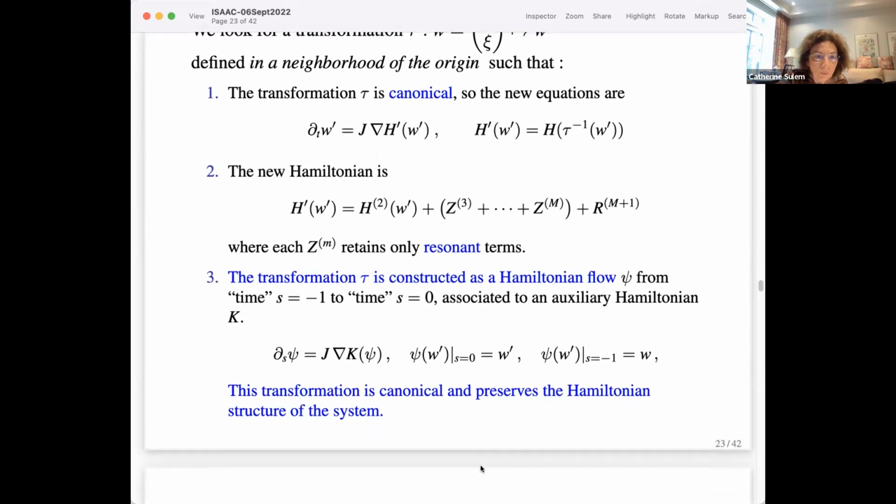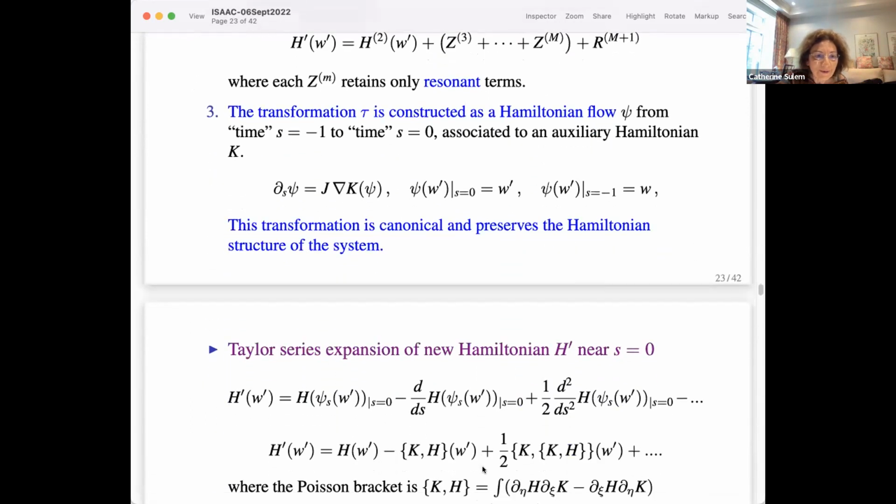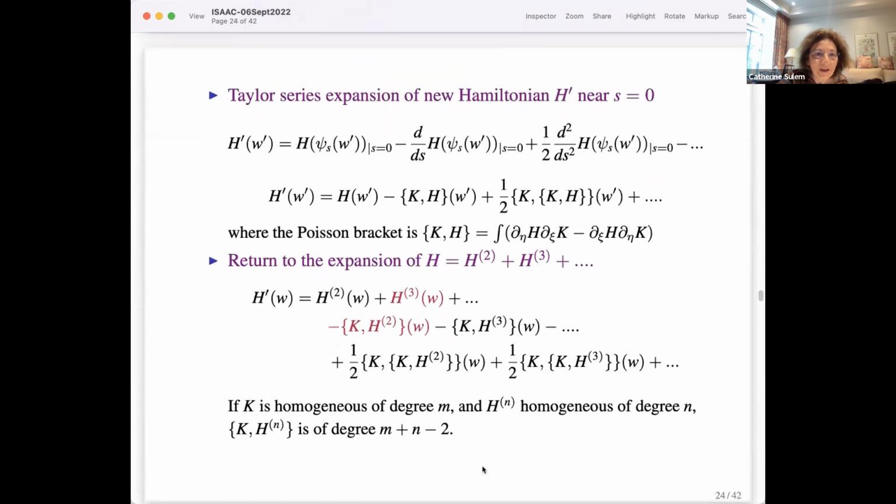I will not go too much into the details because it's a little bit heavy technically, but essentially we combine two things. We combine the Taylor series expansion of the new Hamiltonian near this auxiliary time. It's not a time, but it's our parameter s.